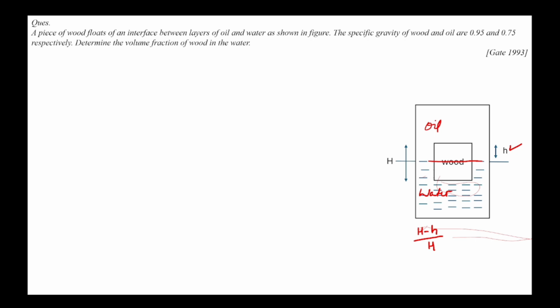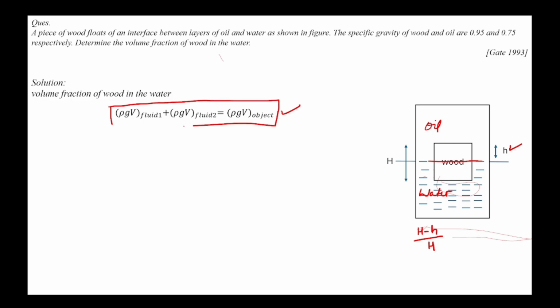Now, for these types of questions, if there is some object, some stone, which is partially in oil and partially in water, floating between two layers or three layers, then we have this equation, the complete equation. Write it down. This is the complete buoyancy force equation: rho g V, where V is the volume of the object in fluid 1, not the total volume of the object.